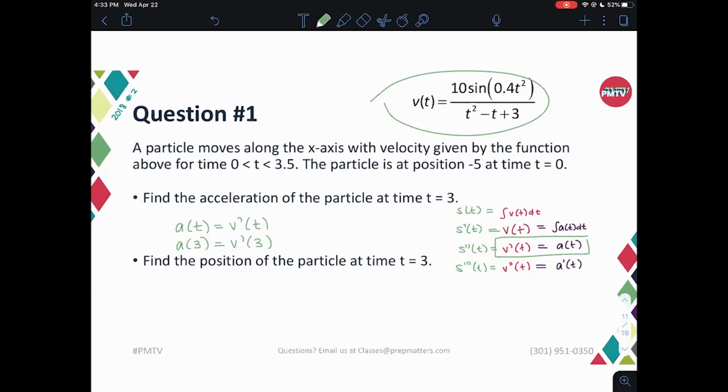If we want position, we have to relate position to velocity. And I want position, which means I need to integrate velocity. This one becomes a little bit more to think about, because we need to actually think about where we are starting.